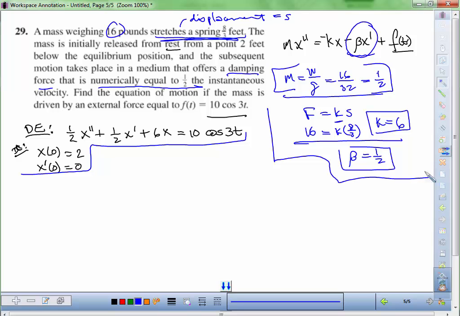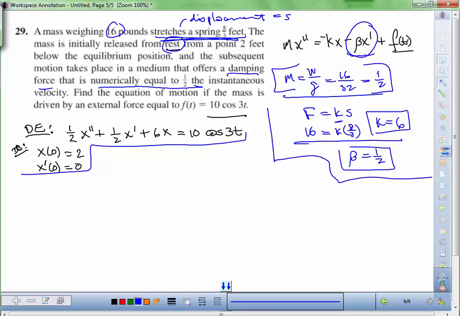Because when they say it's initially released from rest, we just released it, we don't push it, so there's no initial velocity that we're adding on to this. We're just letting it go.